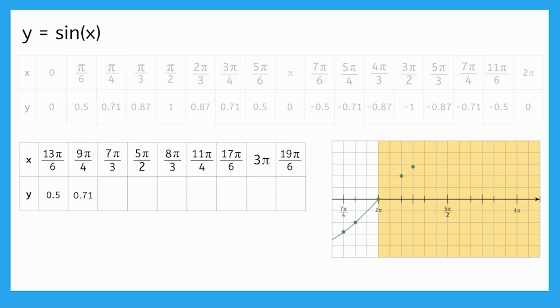Now, I don't really want to continue this process forever, so do we see any patterns that might tell us what the graph looks like when x is greater than 2 pi? Pause the video now and try to predict the y values for the rest of the table. What do you think? If you predicted that the same values we saw between 0 and 2 pi would repeat themselves, you'd be correct.